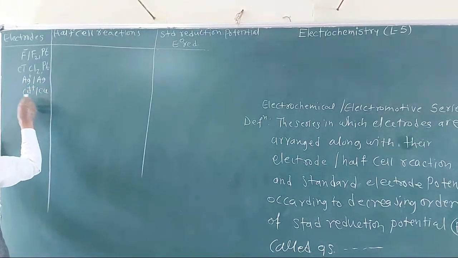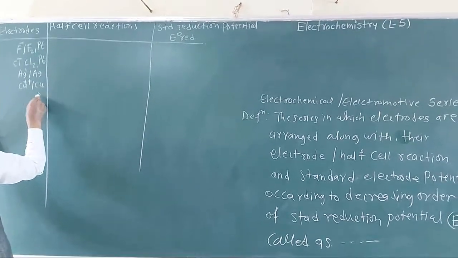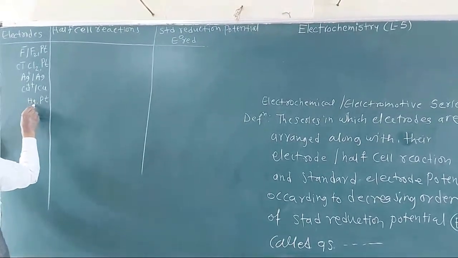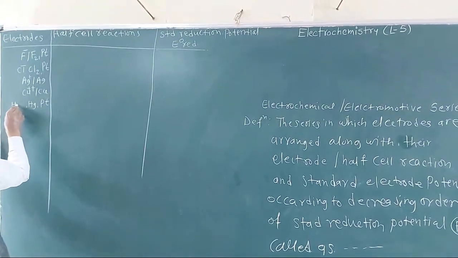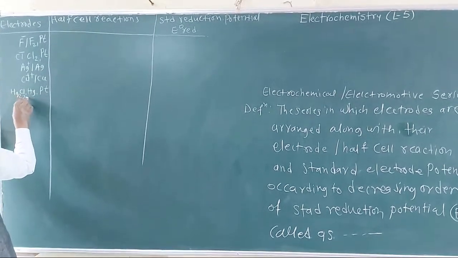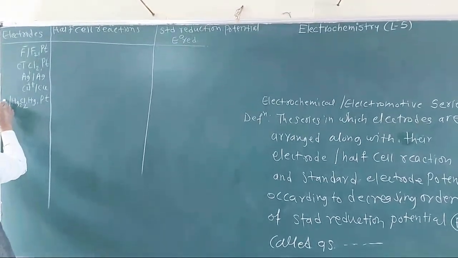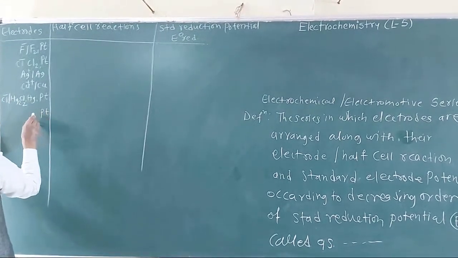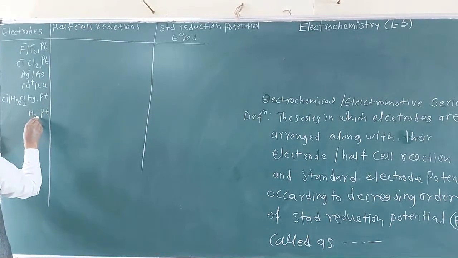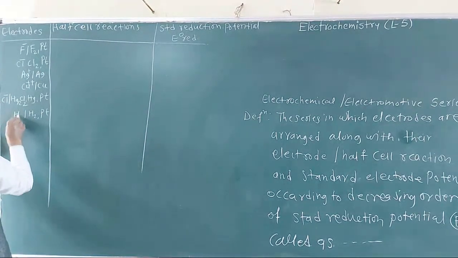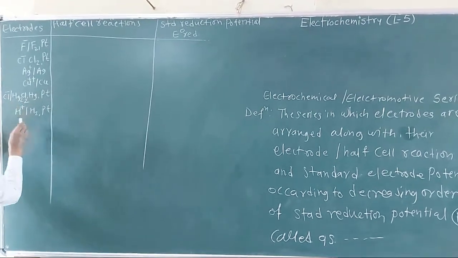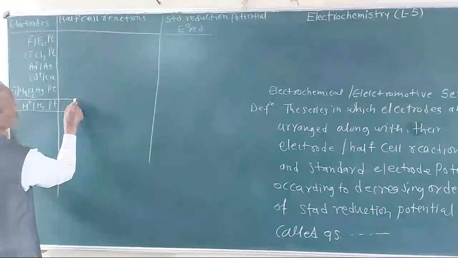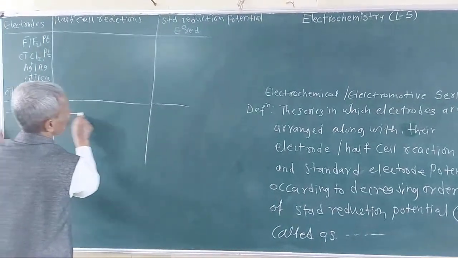It means copper metal is dipped in its copper solution, or some platinum electrode where platinum wire is in mercury and it is in mercurous chloride, and further it is in contact with chloride ions. And here the hydrogen electrode, with the platinum plate in contact with hydrogen. This electrode has special importance because it is used as a standard electrode.